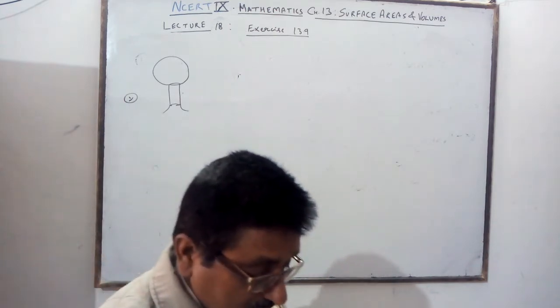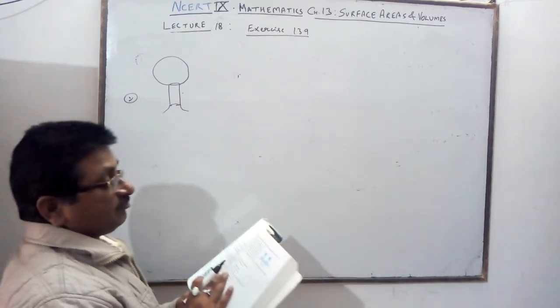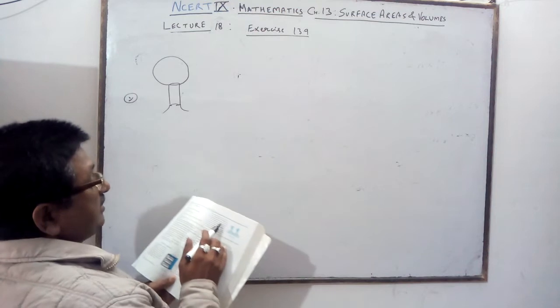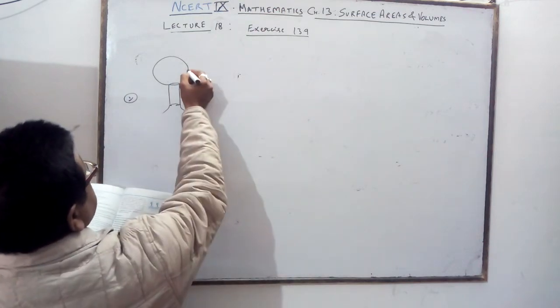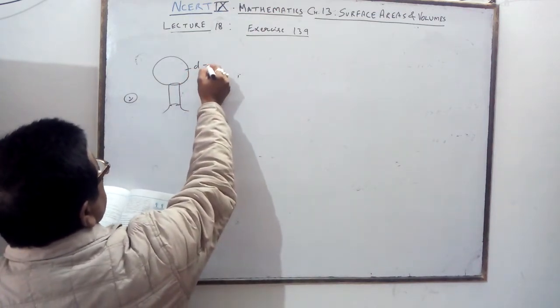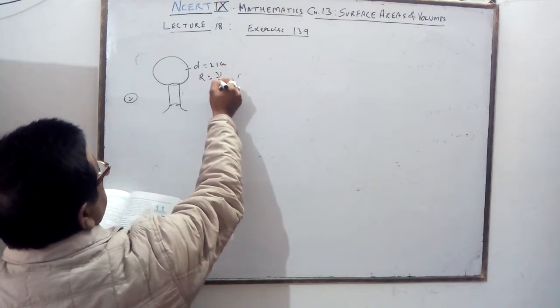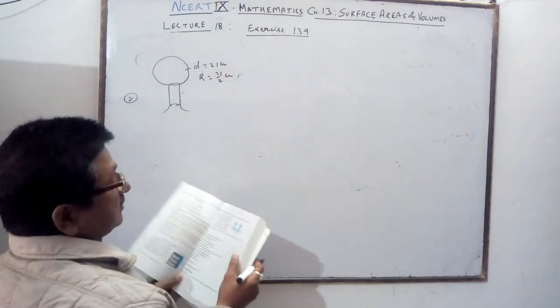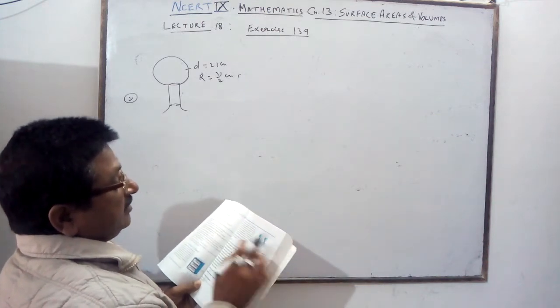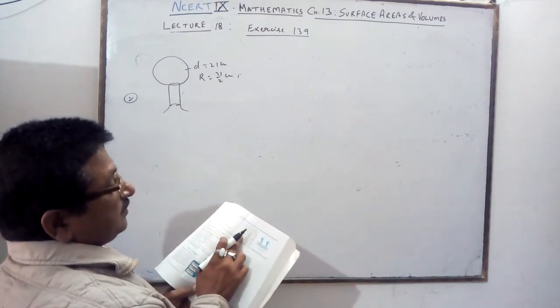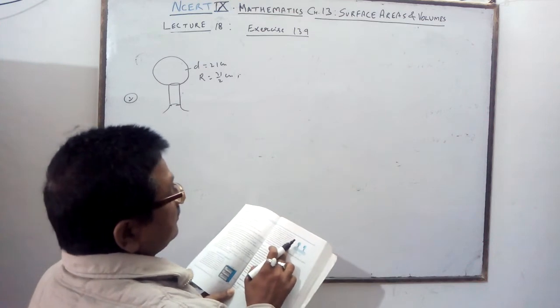In question number 2, the diameter of the sphere is given as 21 centimeters. So the sphere radius will be 21 by 2 centimeters. And the sphere is placed on a cylinder.